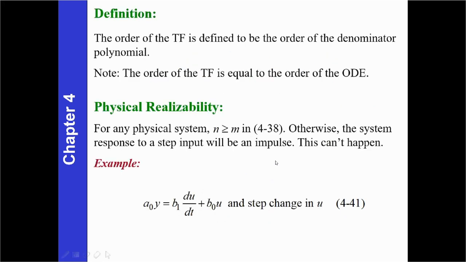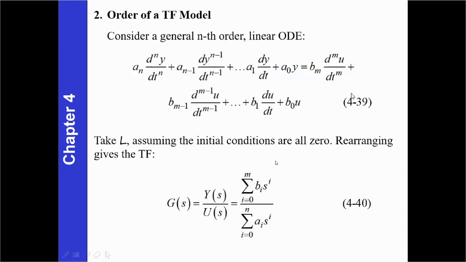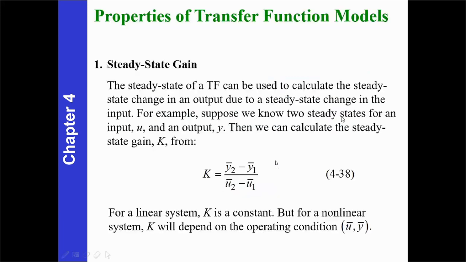By definition, the order of the transfer function is the order of the denominator polynomial, and it is equal to the order of the ordinary differential equation, the ODE. And for physical realizability of any physical system, n must be bigger than or equal to m in the previous equation, equation 4.38.